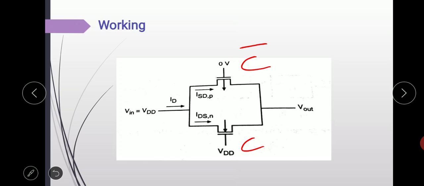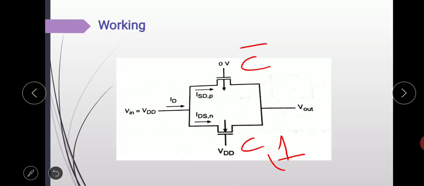If the control signal C is logic high, meaning 1, equal to VDD, then both transistors are turned on. As we know, NMOS turns on at logic high and PMOS turns on at logic low level.